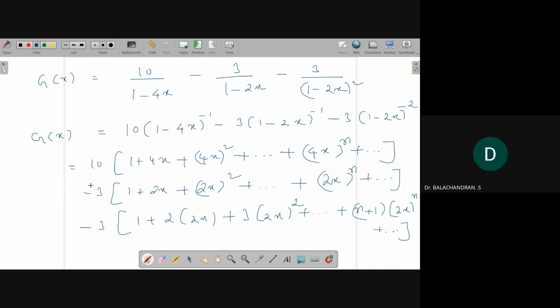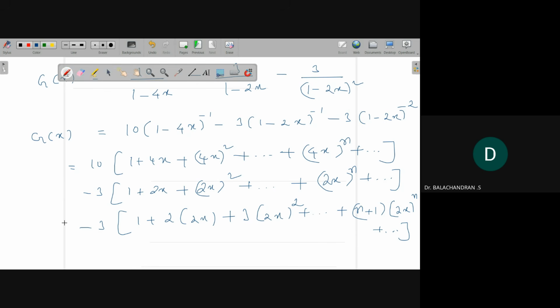Now this is actually g of x. Now compare the coefficient of x power n on both sides, we get a n equal to 10 into 4 power n minus 3 into 2 power n minus 3 into n plus 1 into 2 power n.